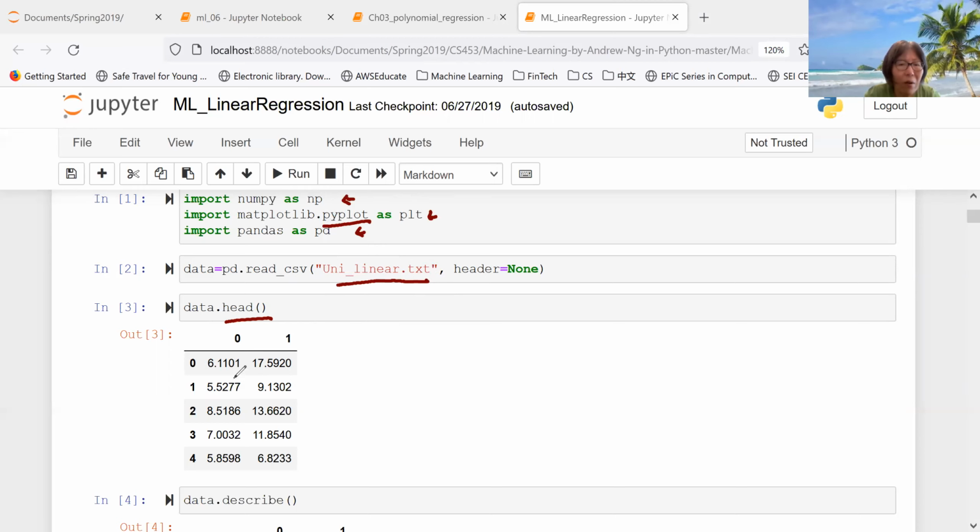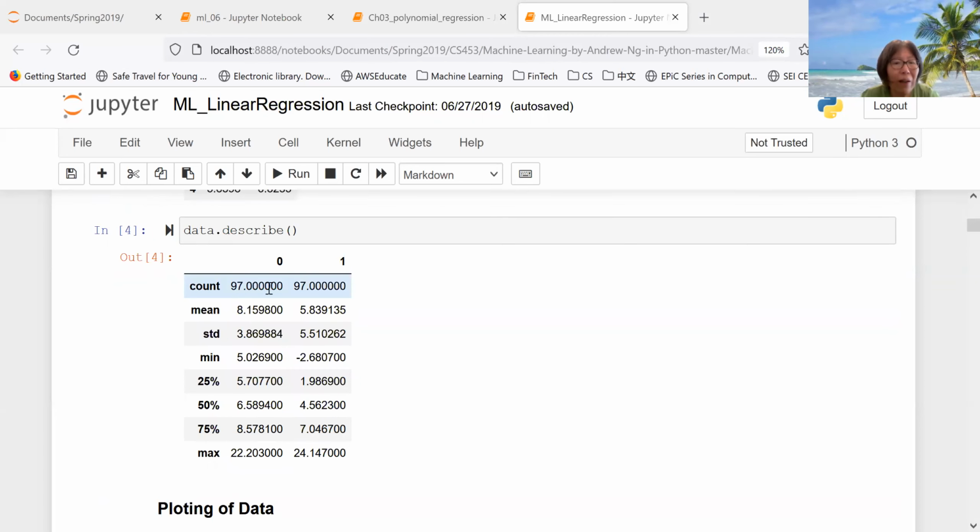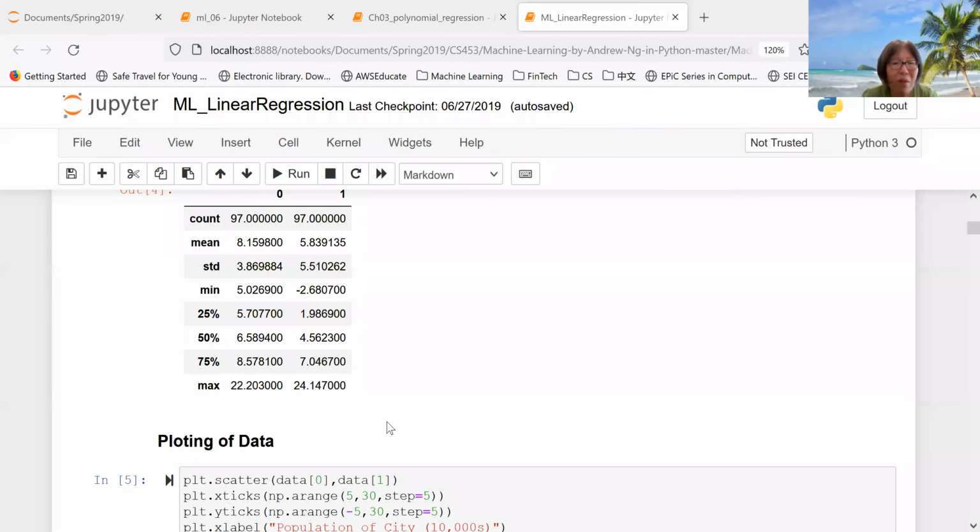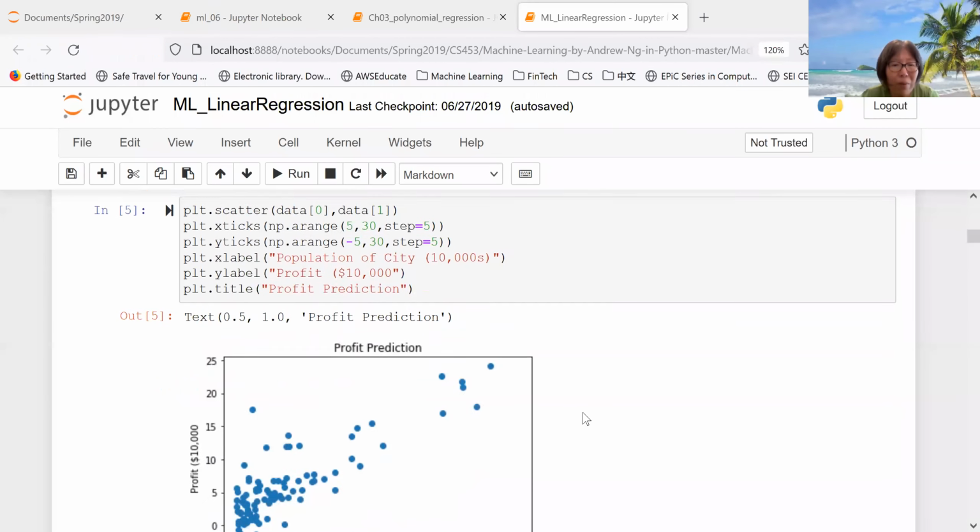It's just some numbers. In total we have 97 samples.